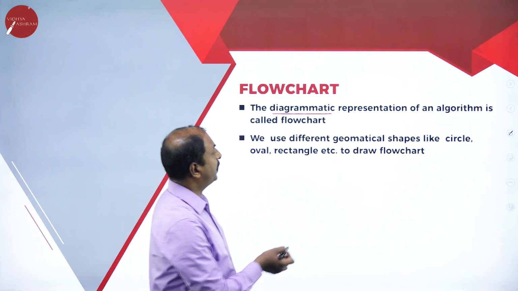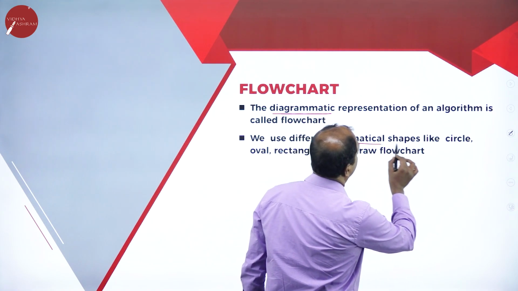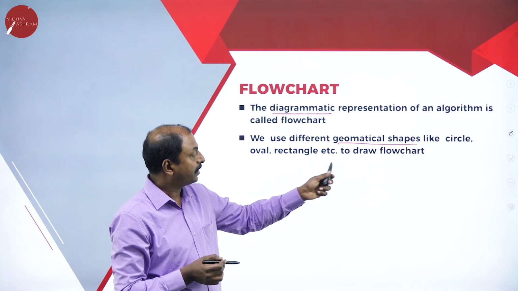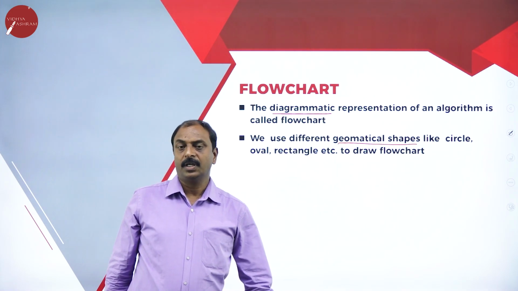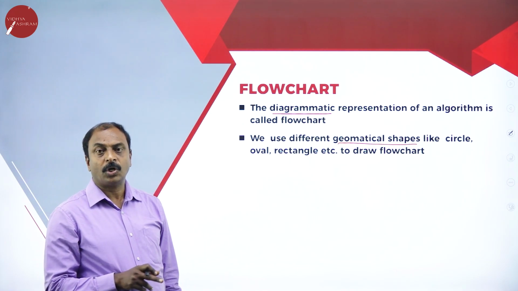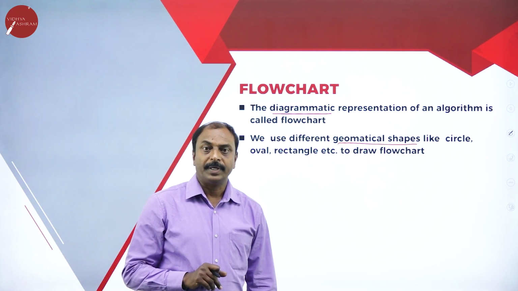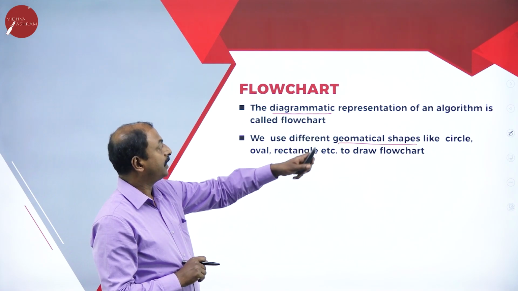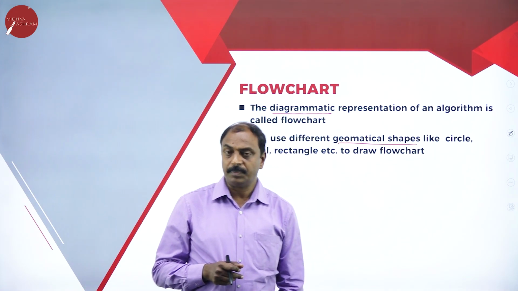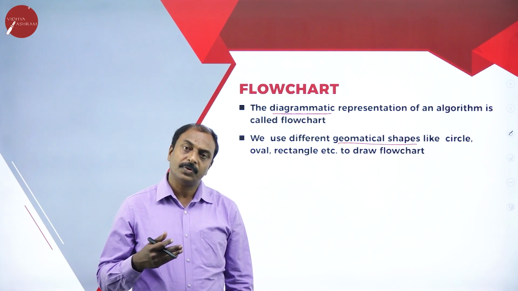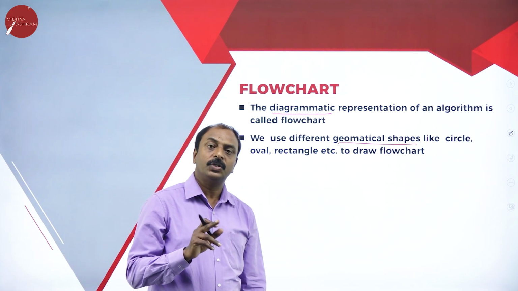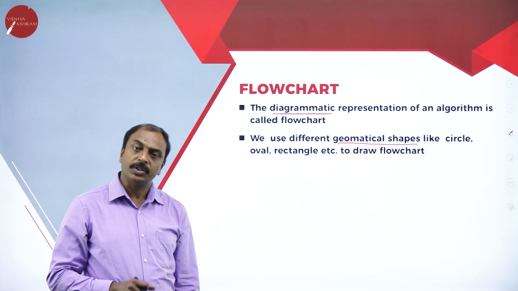Here we use different geometrical shapes like circle, oval, rectangle, etc. to draw a flowchart. So a flowchart is a diagrammatic representation of the solution to a problem, using different geometrical shapes. It is also a step-by-step procedure. So algorithm and flowchart are two different tools to design a solution to a problem.